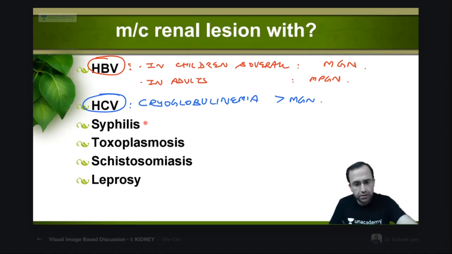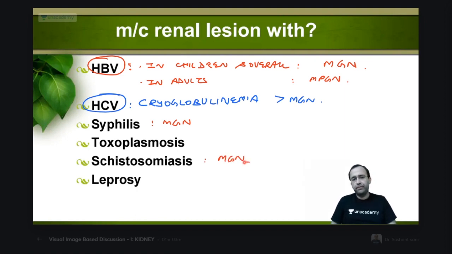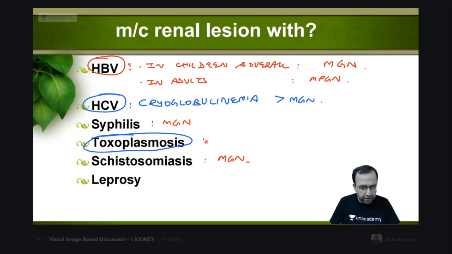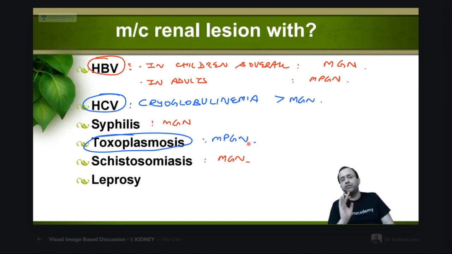Next, syphilis is also again MGN. Hepatitis B, C, syphilis, schistosomiasis, MGN. Versus toxoplasmosis, which is associated with MPGN, membranoproliferative glomerulonephritis.